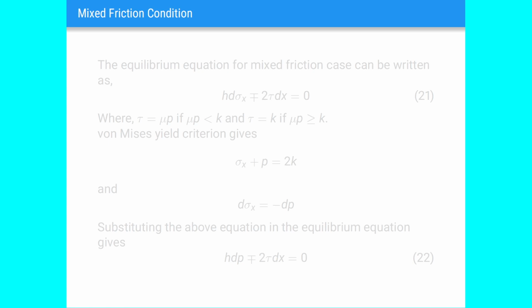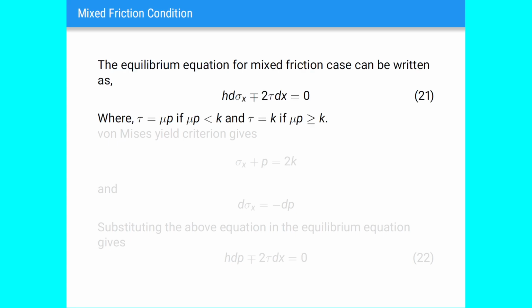In the case of your mixed type of equilibrium condition, you can write your equilibrium equation for mixed friction case like this: h d sigma x minus plus twice of tau dx. Okay, how is it written?